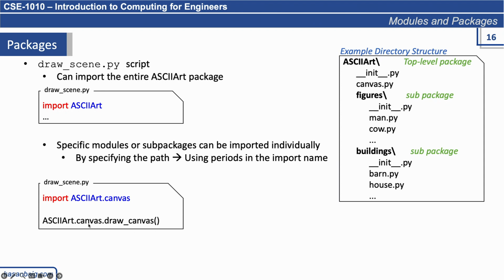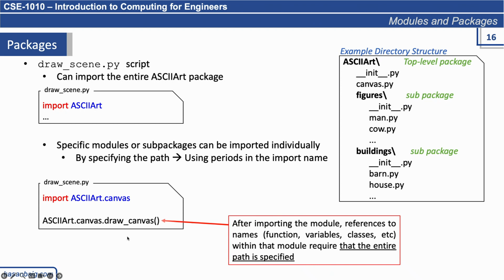But canvas is not present in the current working directory. It is present inside skart. So you have to specify the full path, that is, where this function is located. This function is located in the canvas file, which itself is placed in the skart directory.